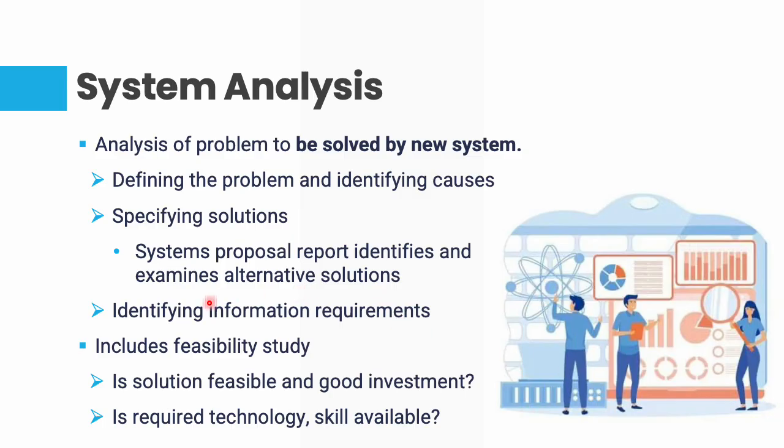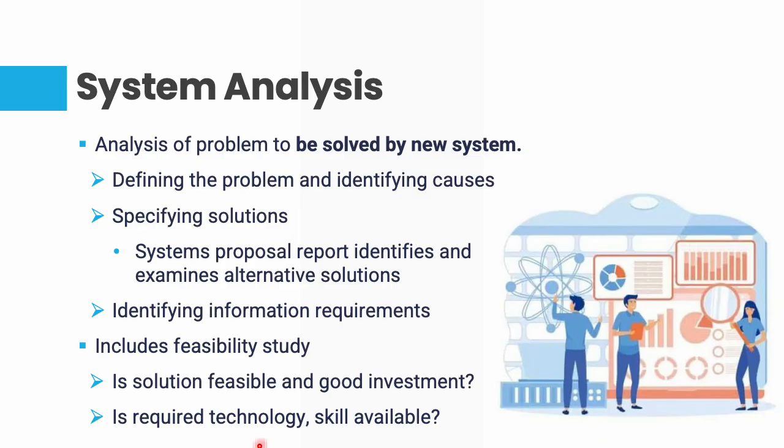Now let's talk about the next one, which is to identify the information requirements. What specific information does the new system need to handle? For example, if it's for a library, it needs to manage book titles, member IDs, the due dates, right? So we have to list everything in this case.